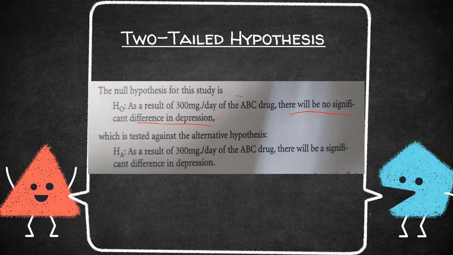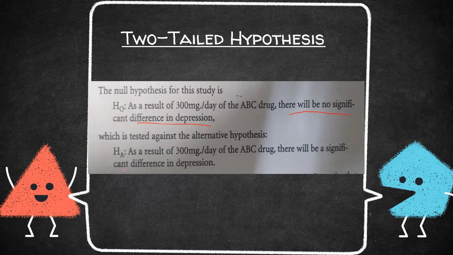Can you see this? It is not saying increase or decrease here. It is simply saying there will be no significant difference in depression, and the alternative: as a result of 300 milligram per day of the ABC drug, there will be a significant difference in depression.